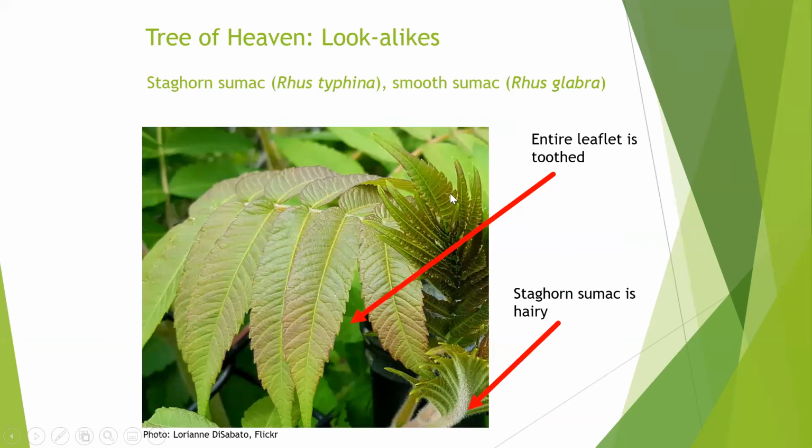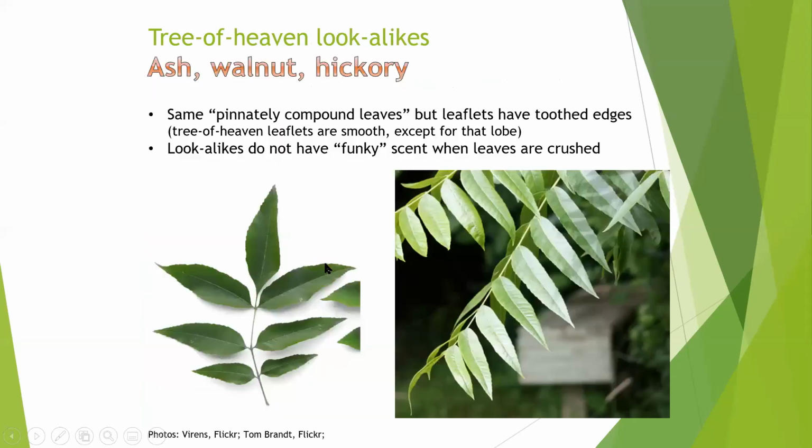Compare this to another native type of plant that grows in the same kind of environments, in roadsides and disturbed areas, the sumacs, either smooth sumac or staghorn sumac. You'll see that they have the same leaf arrangement, but the leaflets are very obviously toothed along the edges.